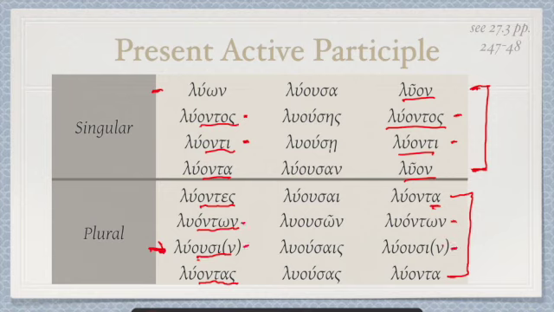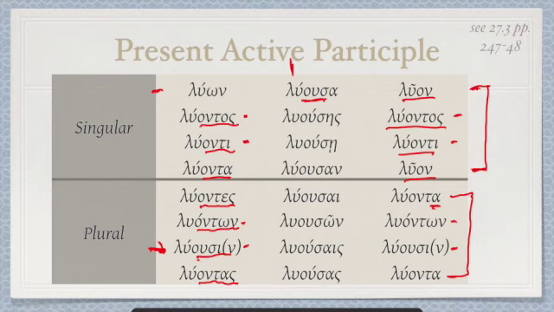And then the first declensional pattern, our feminine pattern here, our connecting vowel and tense morpheme is going to change. Instead of the connecting vowel plus nu tau, we have omicron, upsilon, sigma. And so that's going to be our tense morpheme.